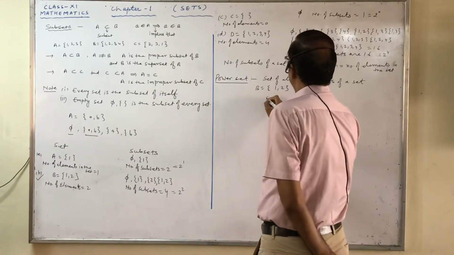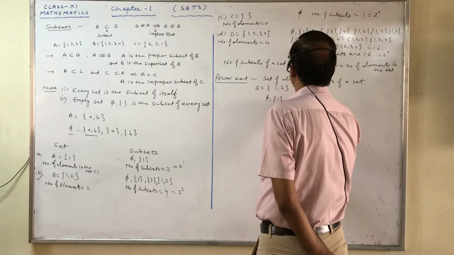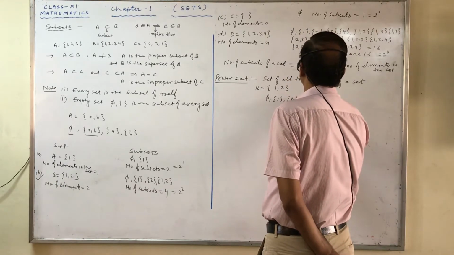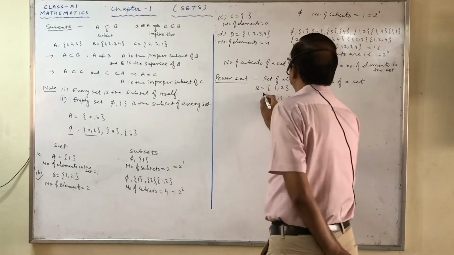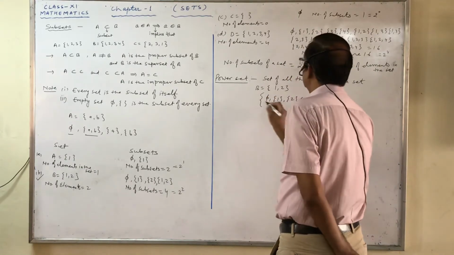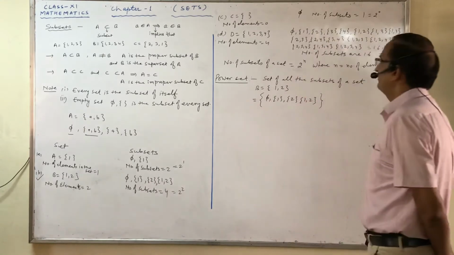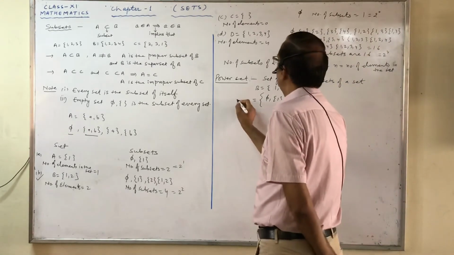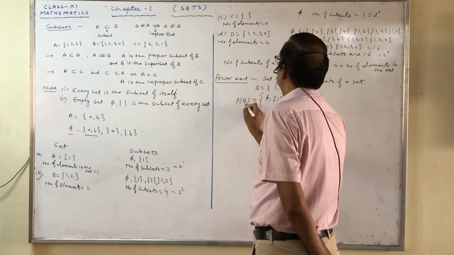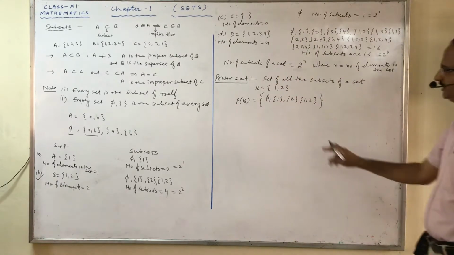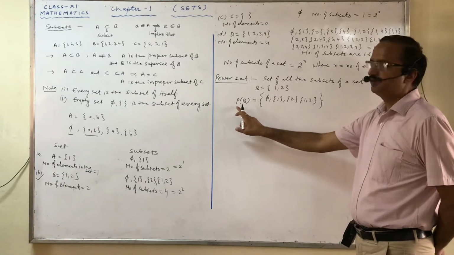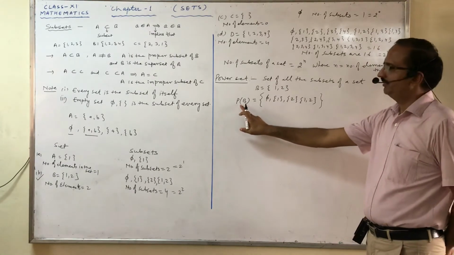So these are the subsets: 5, 1, 2 and 1, 2. Now the set of these subsets is called power set and it is denoted by P. So this is power set of B. And what is this?